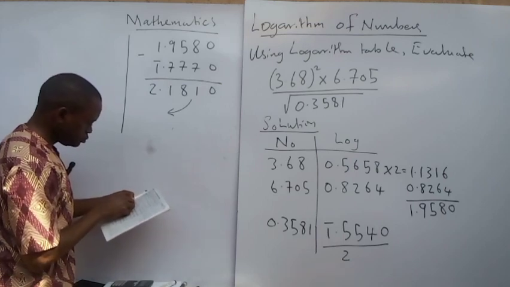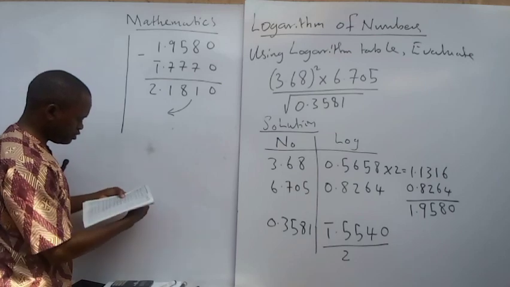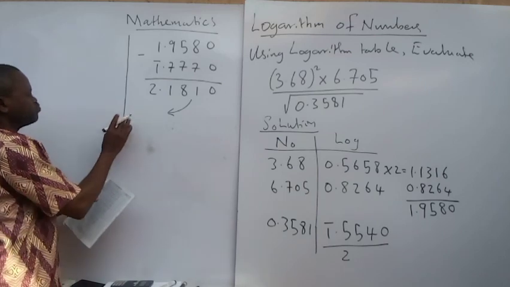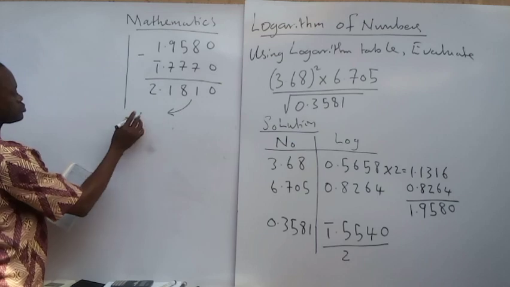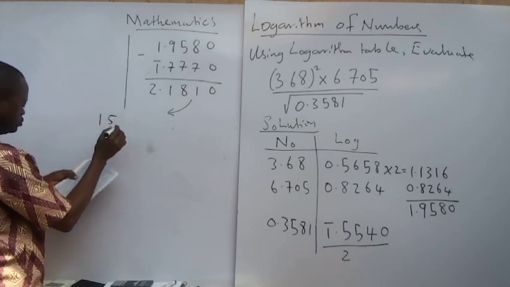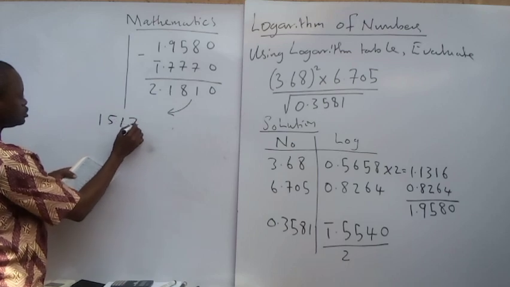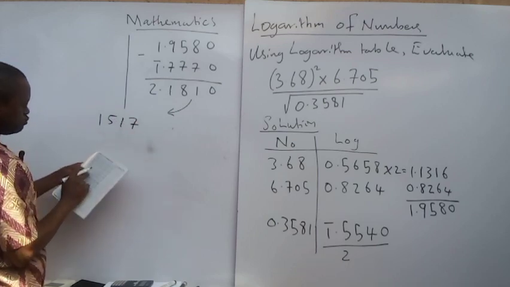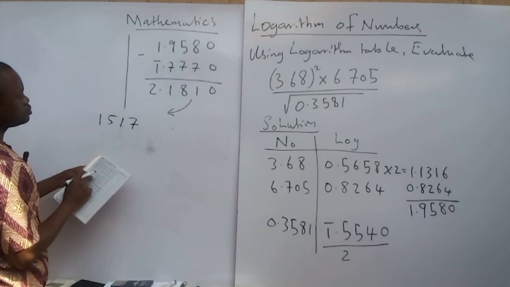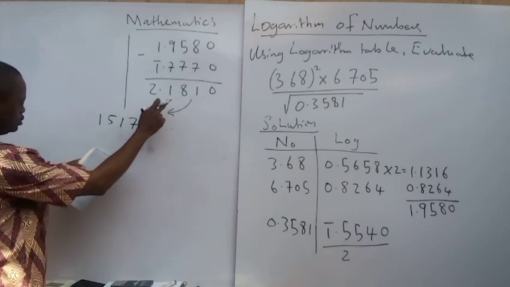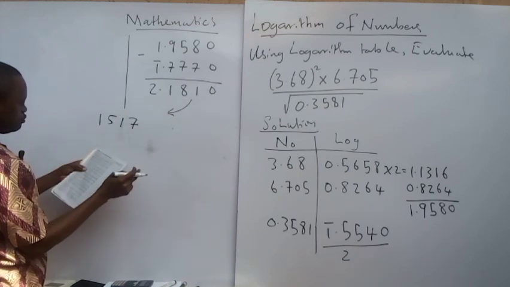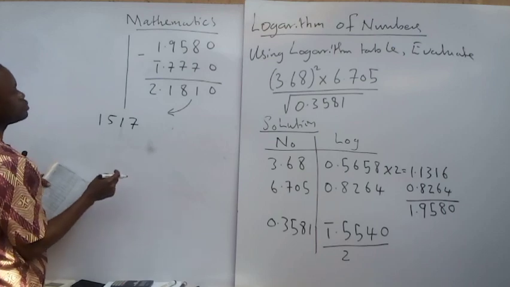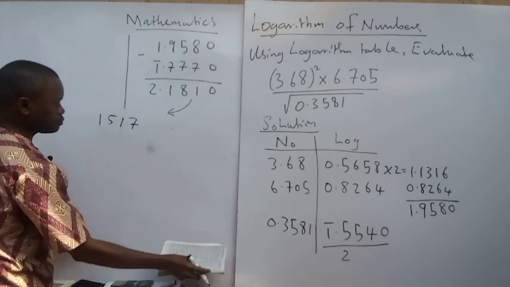0.18 under 1 is 1517. Okay, 1517. 0.18 under 1. That is 1517. All right. Okay, there's no difference there.